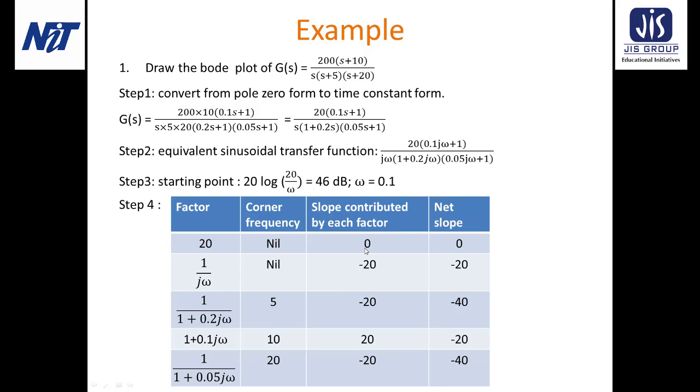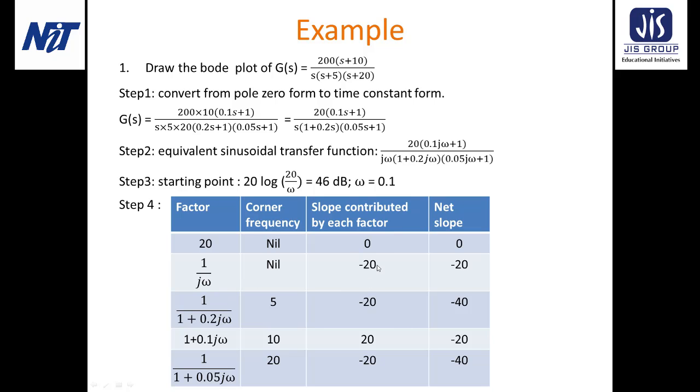So two things you will keep in mind, that is for any constant values there will be 0 slope, and if a term is located at the denominator, then the slope will be minus 20 dB per decade, and if it is located at the numerator then it will give the slope of plus 20 dB per decade. So this 1 by j omega term is located at denominator, so the slope is minus 20.